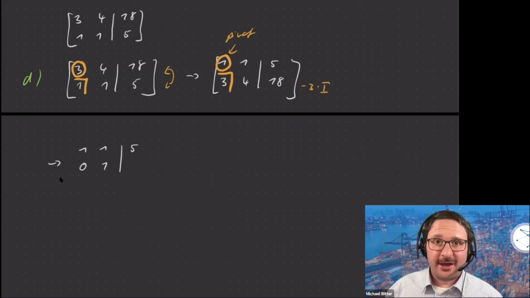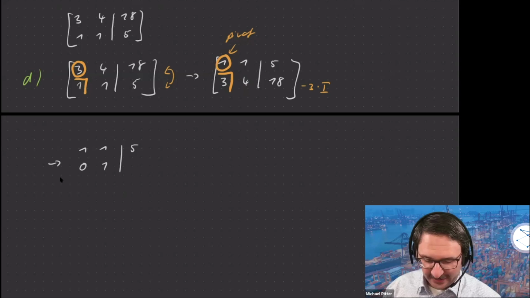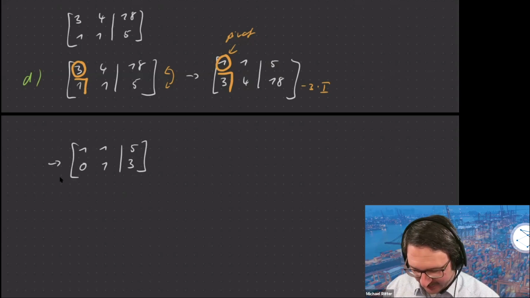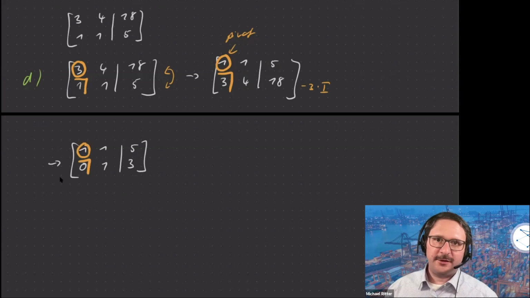And please don't forget to do that operation on the right-hand side as well. Here we have 3 times 5 is 15, and 18 minus 15 is 3. So we get a 3 here. And as you can see, we still have our pivot here. Now we have zeros below that pivot, so that operation was successful.